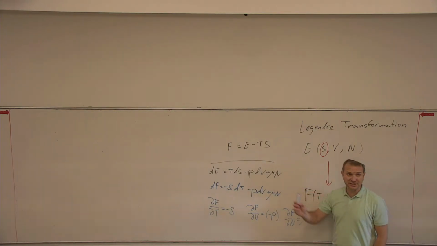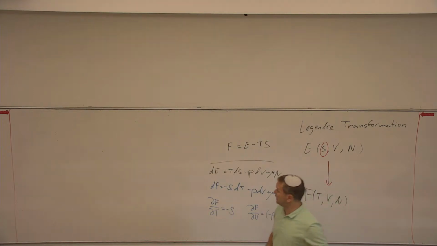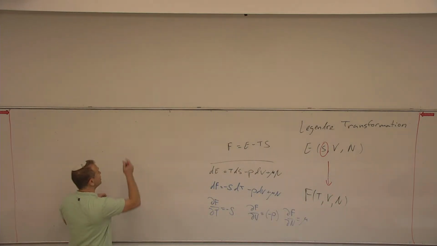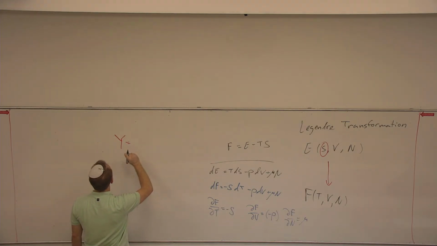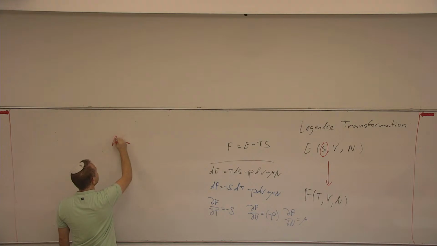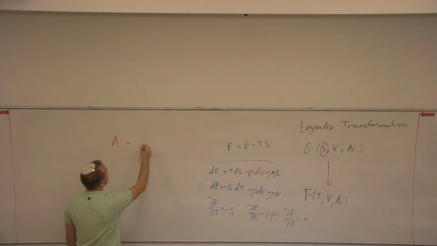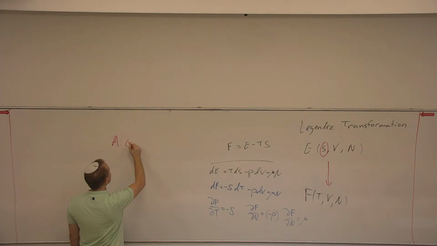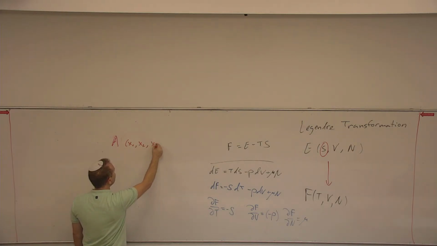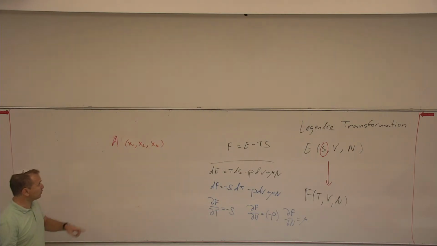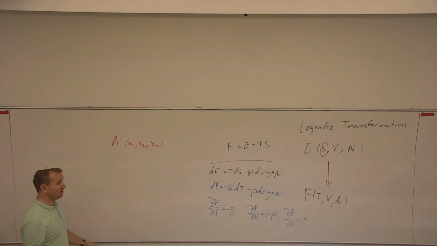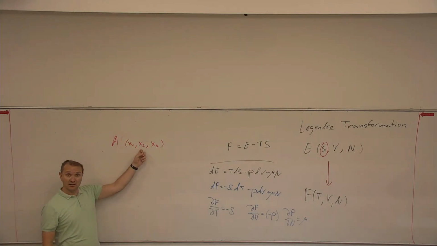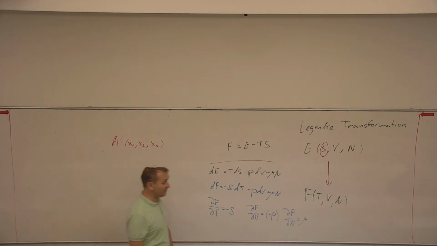for any variable that we have in our energy, or in general for any function, right? So if we have a function, let's call it function A, which is a function of x1, x2, and x3, and I don't really like coordinates x2 and x3, the Legendre transformation tells us, well, you can use instead of coordinates x2 and x3 some conjugated variables.